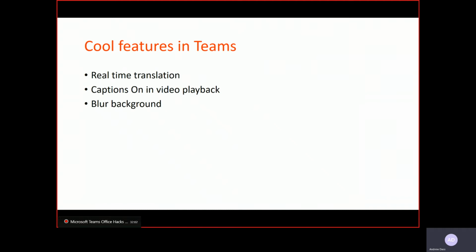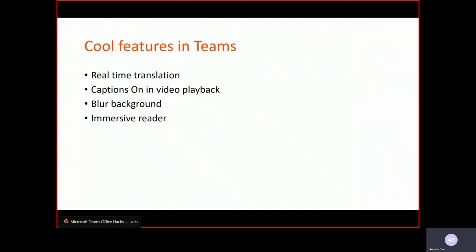This is very professional because it focuses on you. There is no other distracting information behind you, so that the meeting can go on as per schedule. These are some of the cool features that I'm going to show you as a demo.